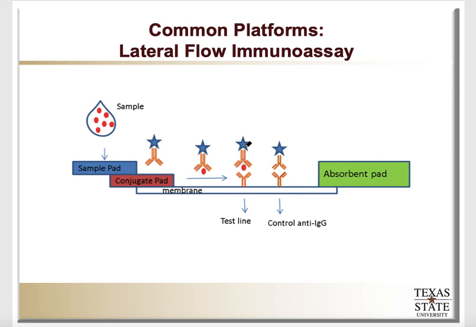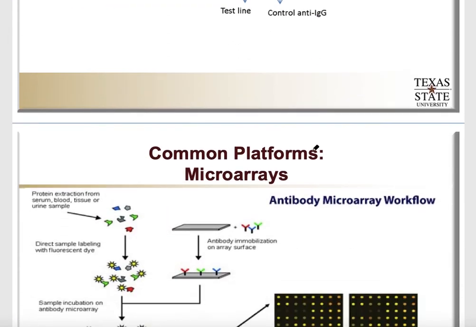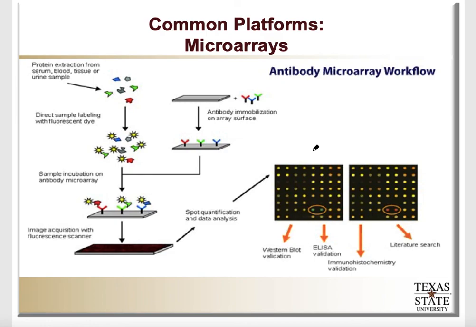sensitivity, I should say. All right, the last platform that I wanted to mention are microarrays. In a microarray, what we're going to end up doing is trying to detect the presence of a range of different proteins. So you can think about it like a multiplex biosensor that is going to detect many proteins or many antigens from your physiological fluid.